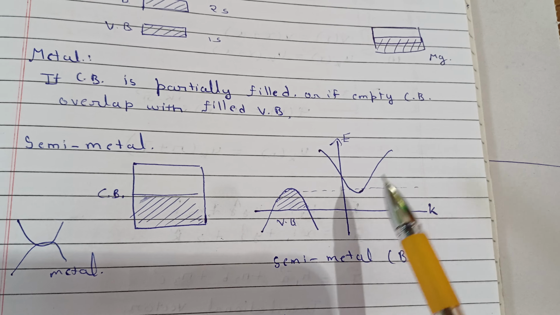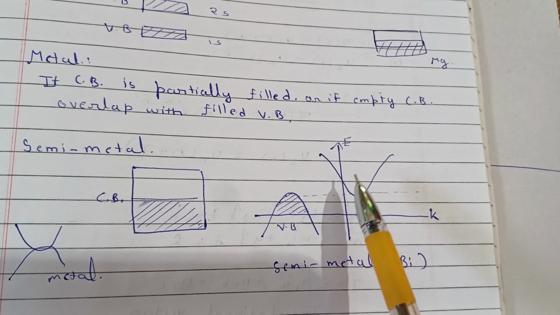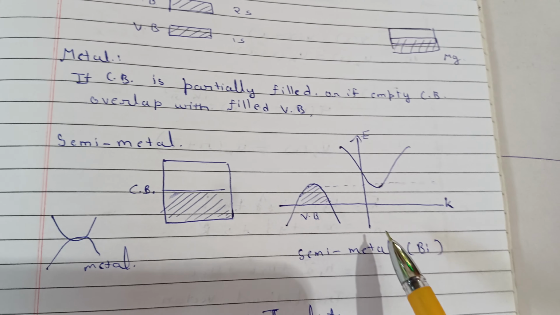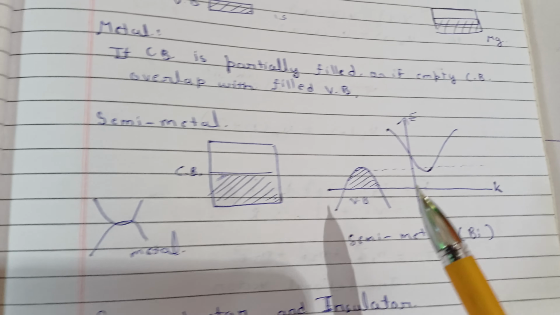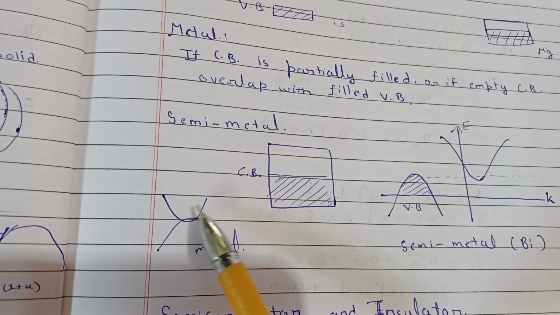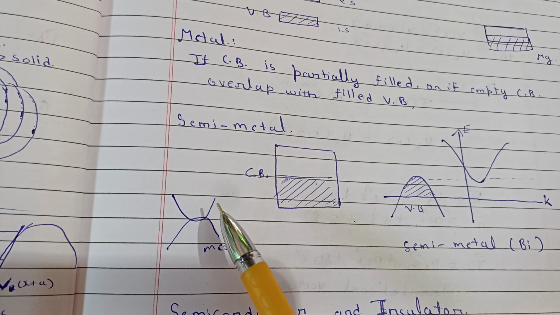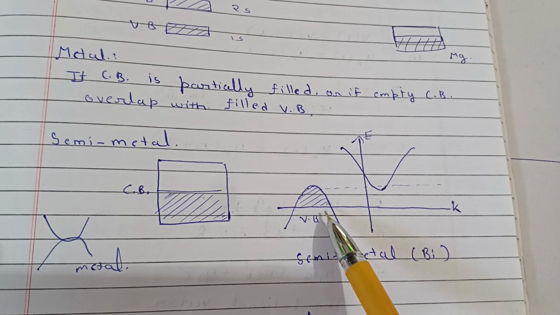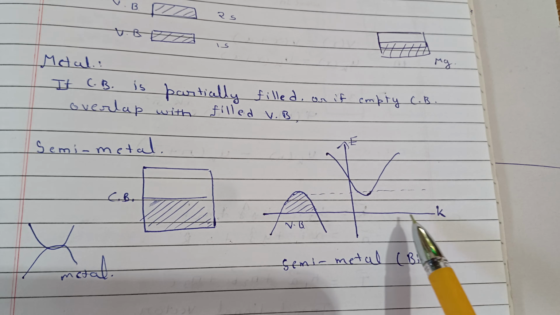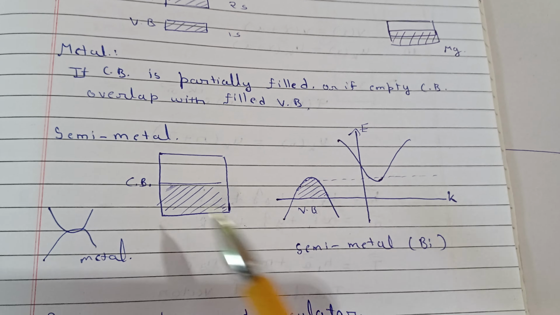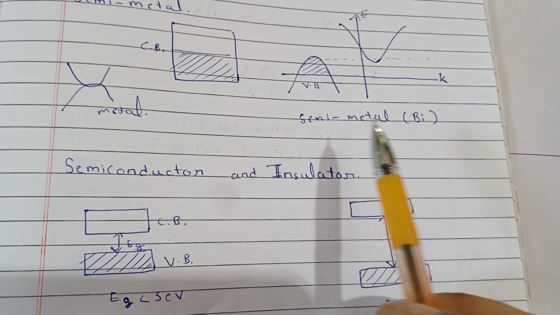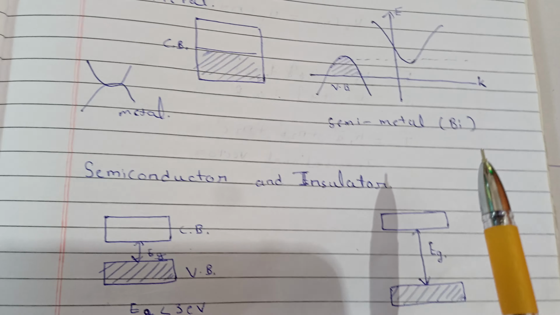Those metals have this type of band structure. They are called semi-metals. In normal metals the conduction and the valence band overlap like this, but in a semi-metal they will be like this. They are at different points on the K axis. Just remember this. I will go into a little more detail when we study the K space.